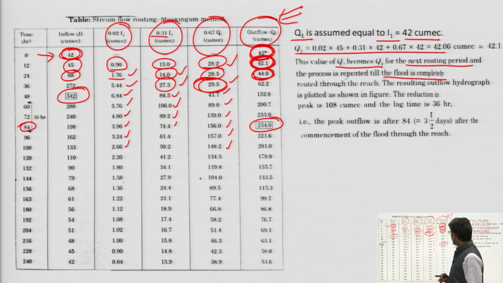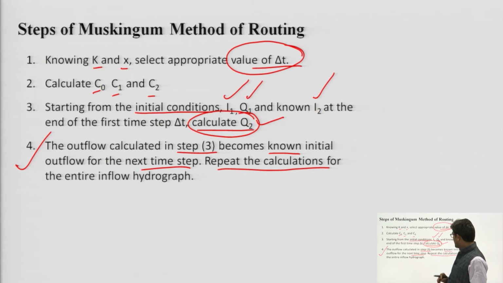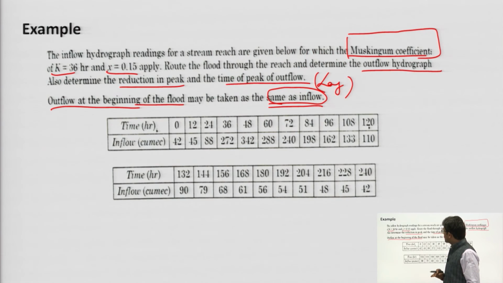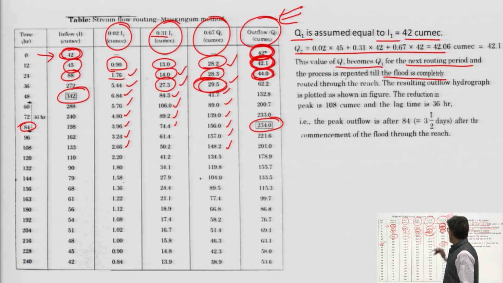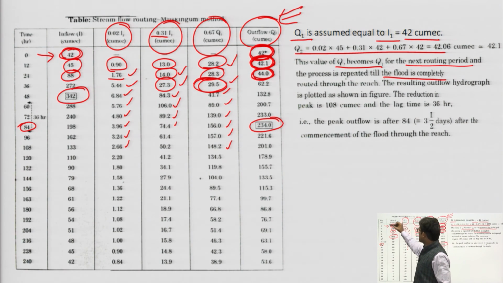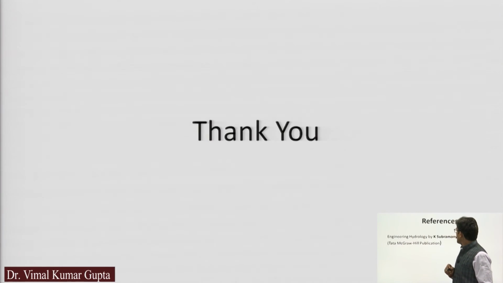I told you the different steps of Muskingum. These 4 steps are applied to get the desired outflow for the corresponding inflow. That is all for today, and thank you very much for listening.